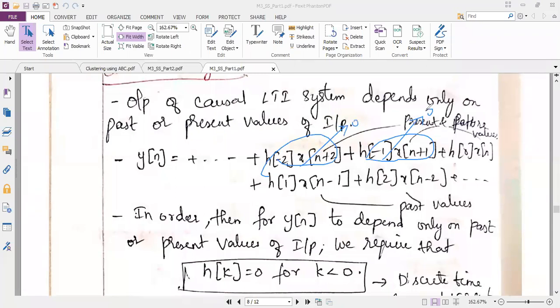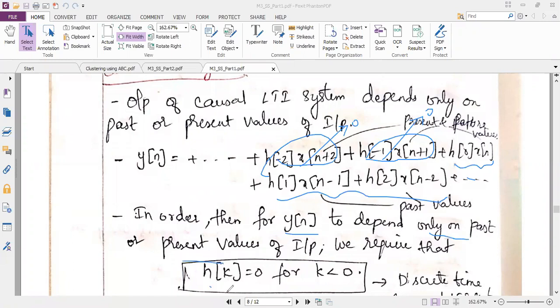The only equation which I will get is h of 0 x of n plus h of 1 x of n minus 1 plus h of 2 x of n minus 2 plus etc. Based on this, I can say my output y of n depends only on the past and present values of the input.